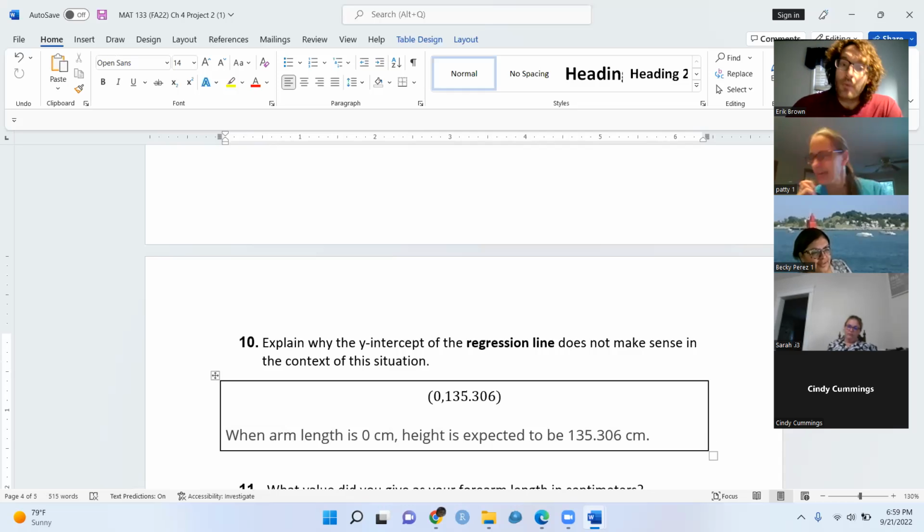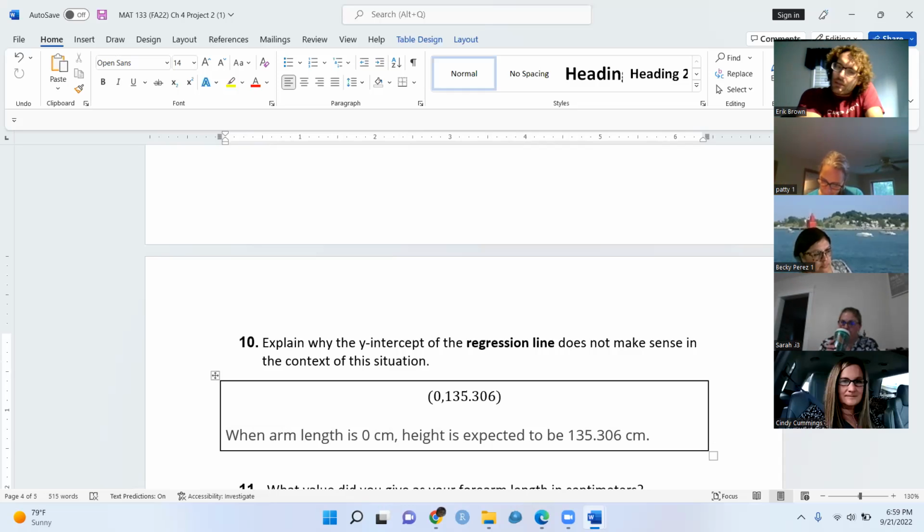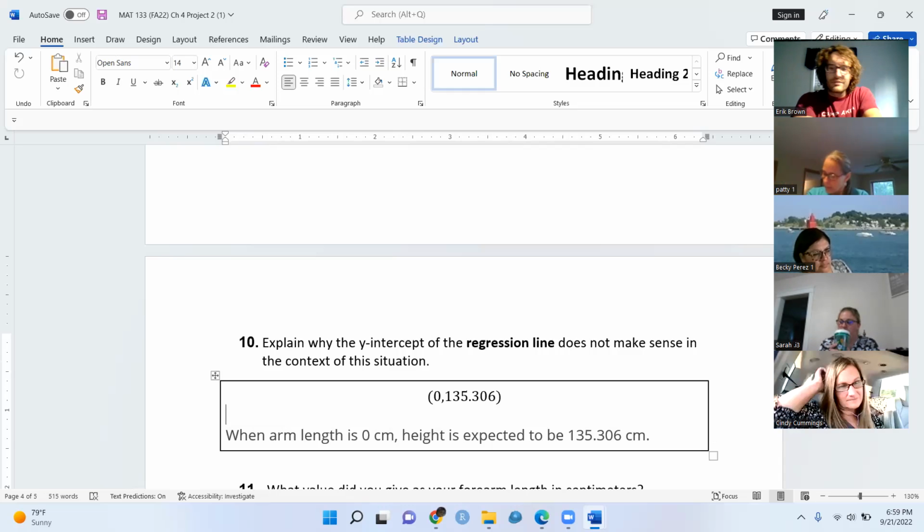I mean, you can be born without a forearm, right? There are people that don't have forearms because of accidents or births or whatever. But what we're claiming is with a zero, that we could predict the height of someone with a zero arm length, which is nonsensical because you're not going to have that, right? By and large. This is one of the cases where it could happen, but you can't predict something with a zero arm length.